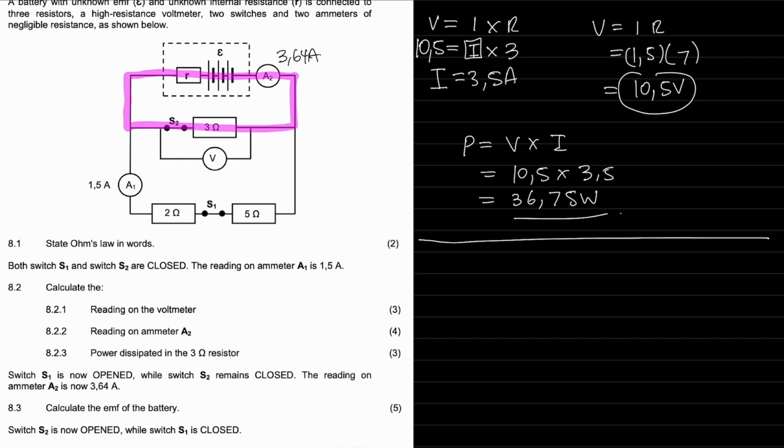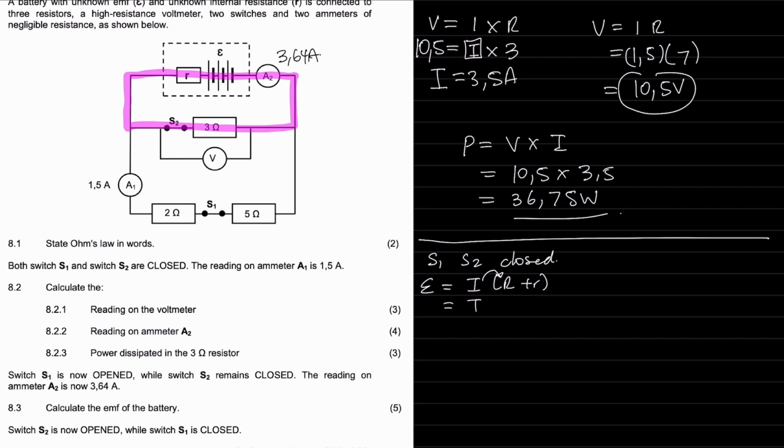The EMF using when both the switches were closed. So when S1 and S2 are closed, we will say that the EMF is equal to I into big R plus small r. But this big R is the total resistance before. We didn't work that out. So let me show you a quick way that we can replace it. Instead of working out the total resistance, let's distribute this.